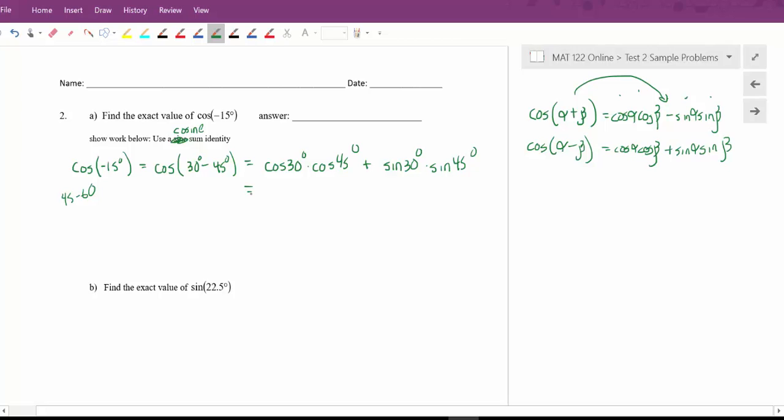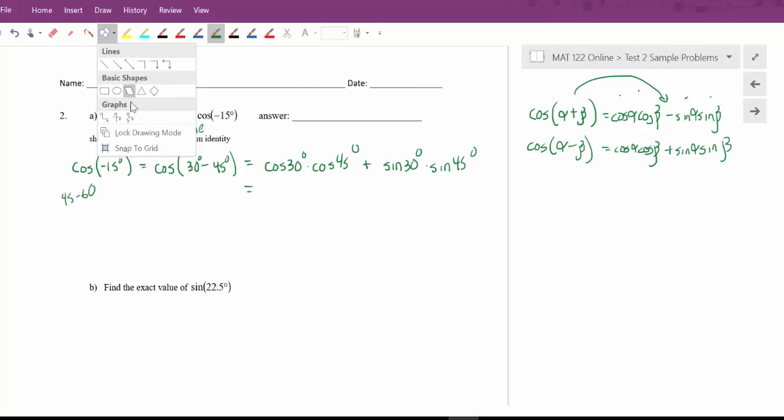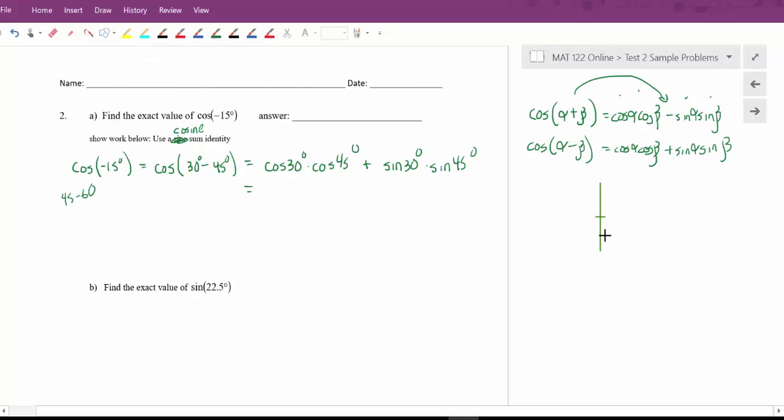So if you want, you could go back to your unit circle in problem 1, or you can just do like I do. I just sort of create what I need as I go. So what I'm going to do is just at the side here, look at what I need. I need the cosine of 30, and I need the sine of 30. I'm just going to draw in quadrant 1 of a unit circle, there's 3 key points.